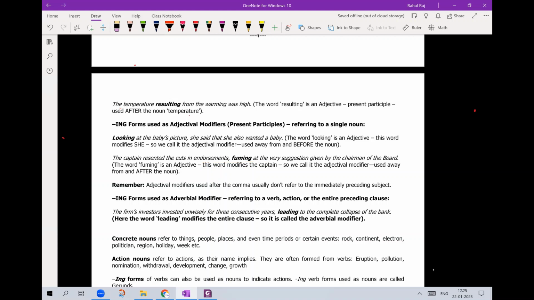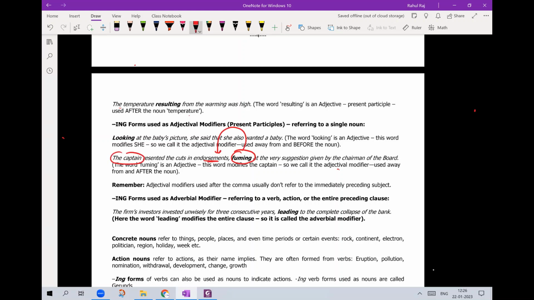Please understand one thing: the ing form after a comma never refers to the immediately preceding noun or subject. Ing form after comma never refers to the immediately preceding subject. Now at this place, you can tell me, yeah, do you think we are fools? I know that endorsement can't fume, it is only the captain who is fuming.